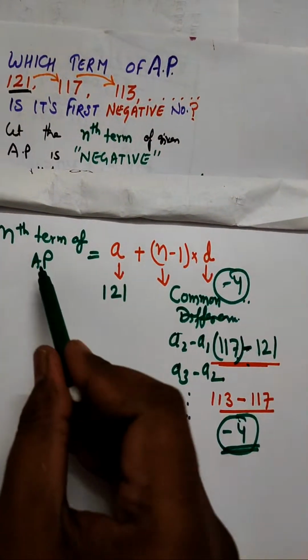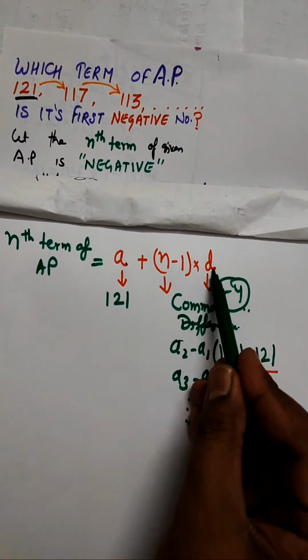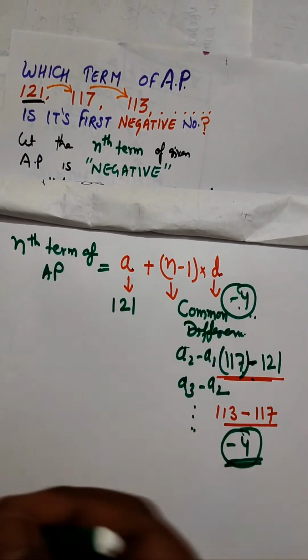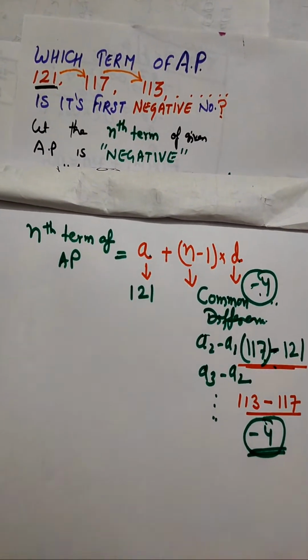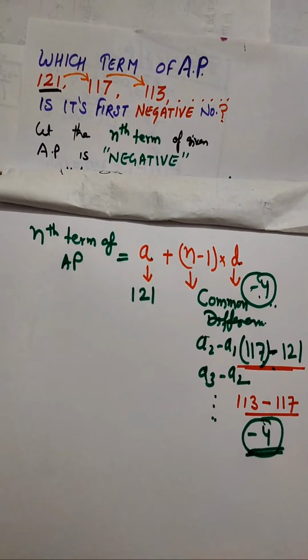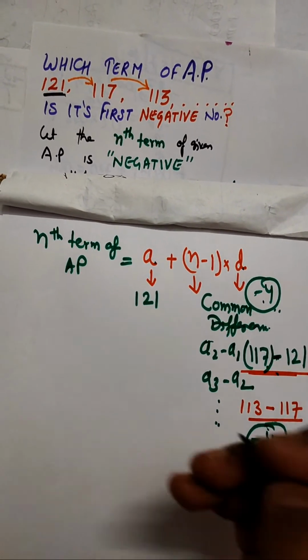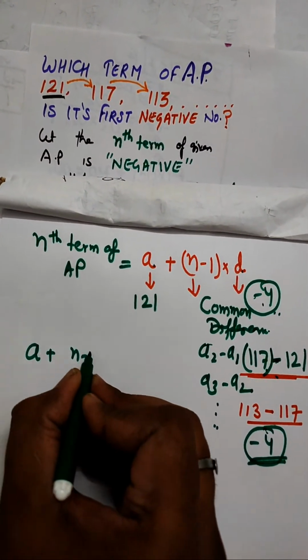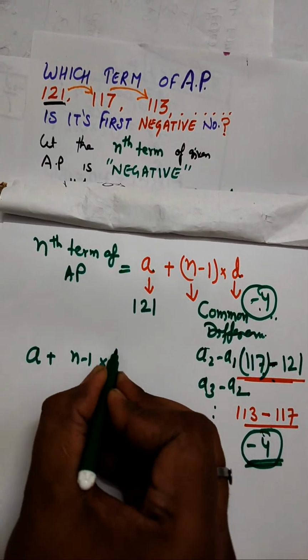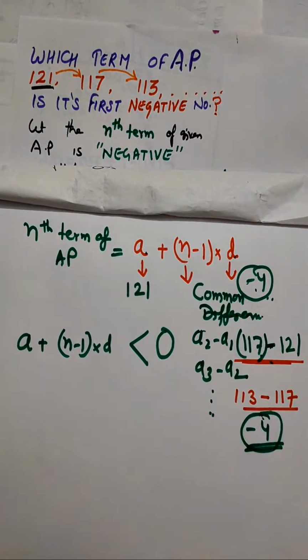Now in the nth term formula, we know the value of a, we know the value of d, right? Now we need to find the first negative number. Dear students, we know that any negative number is always less than 0, right? So the value of a plus n minus 1 into d should always be less than 0, right?